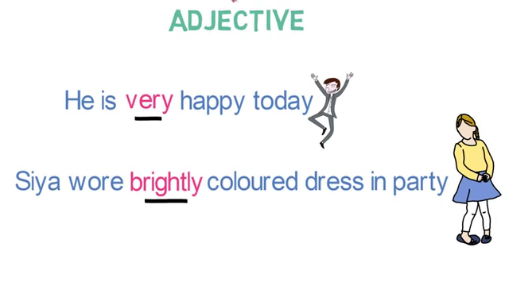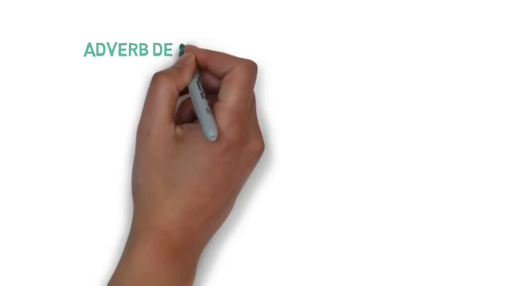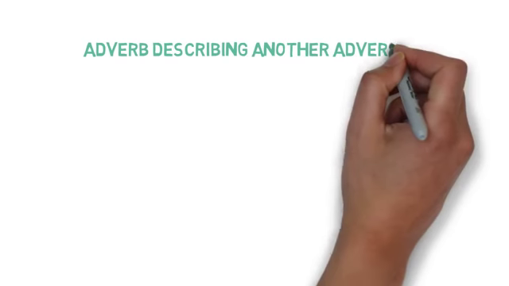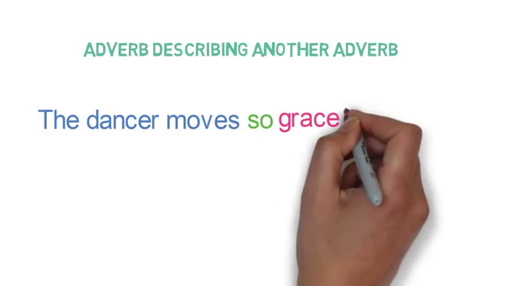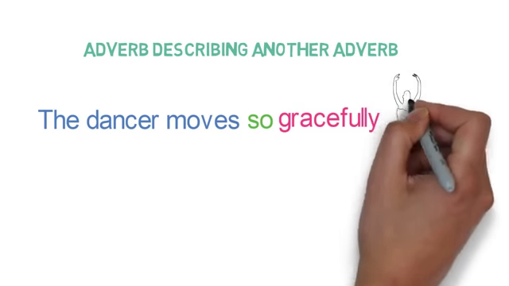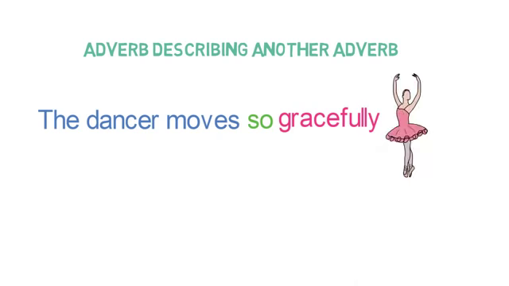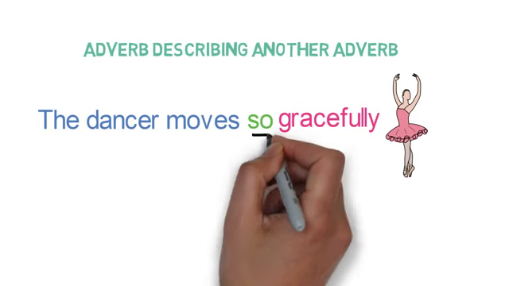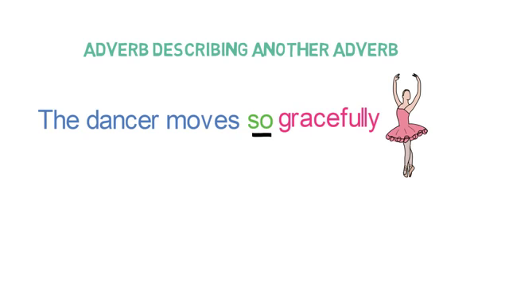Now let's look into some examples of an adverb that describes some other adverb in the sentence. The dancer moves so gracefully. Here, how the dancer moves is described by the adverb gracefully. But the word so here is describing the intensity of the word gracefully and thus actually describing the adverb.